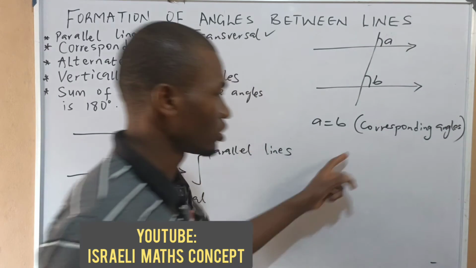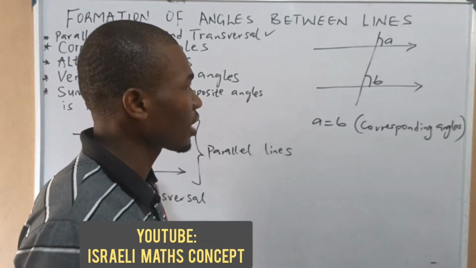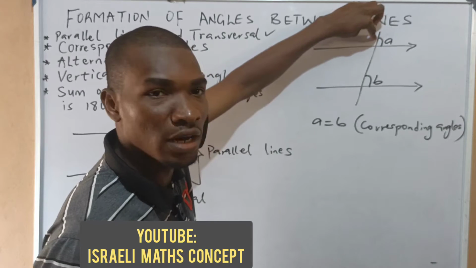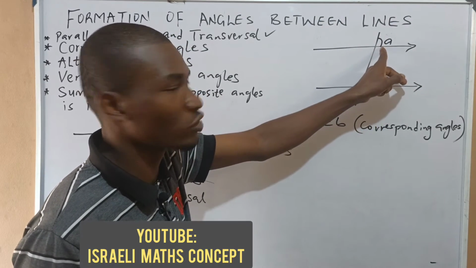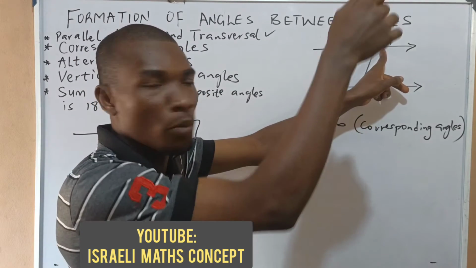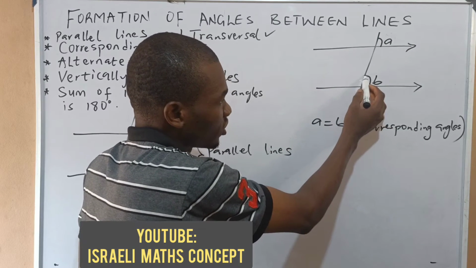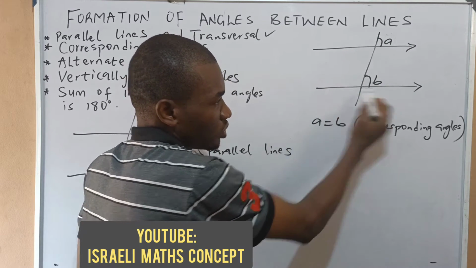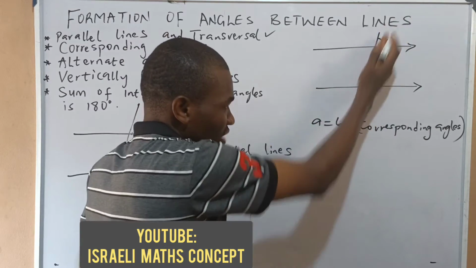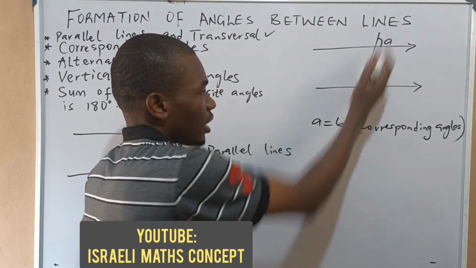Corresponding angles will touch the transversal, and at the same time they will touch the parallel line on top. And in the same position on the transversal, the other angle will also touch the same transversal and the other parallel line.